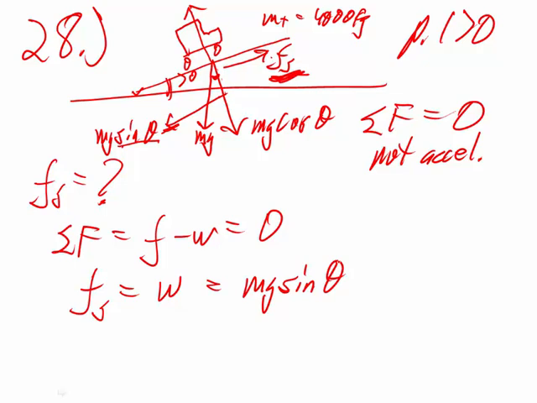Now, we've also forgotten one other thing. We forgot about gravity. You should remember what gravity is, 9.8 meters per second squared. And you say, wait a minute, isn't it negative? Well, let me go back and read it. How big is the friction force on the truck? It doesn't say magnitude, but we're to assume.